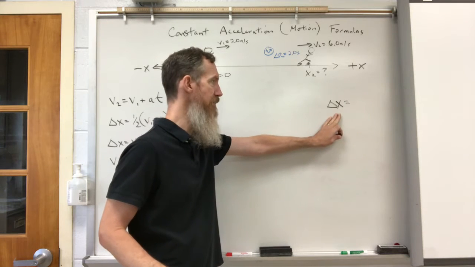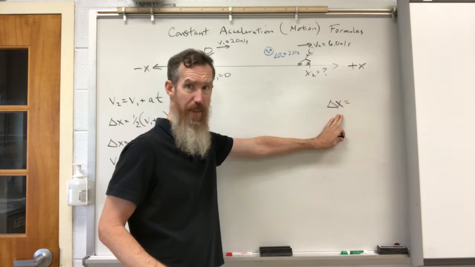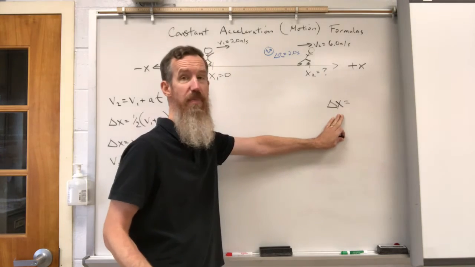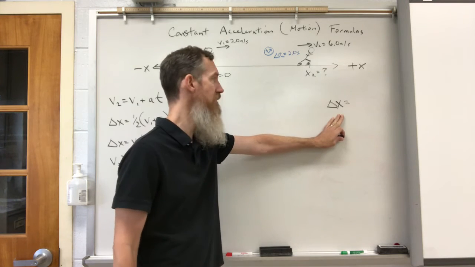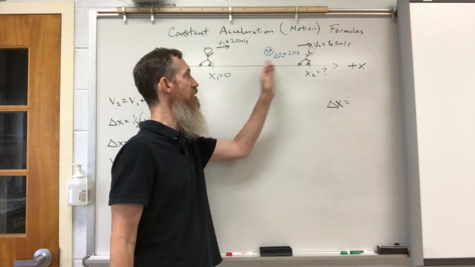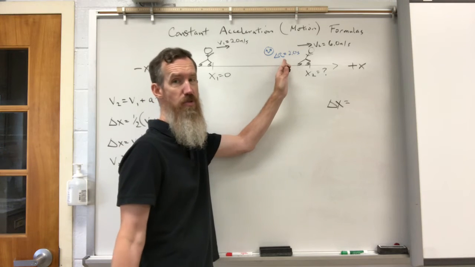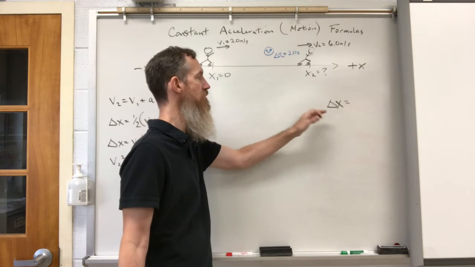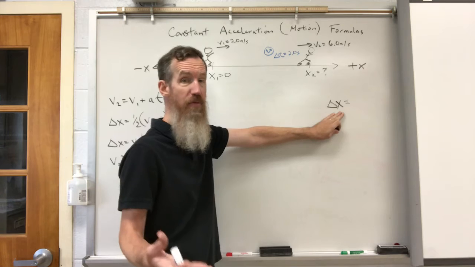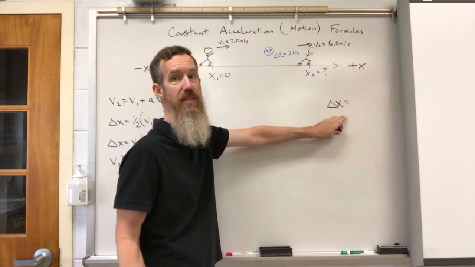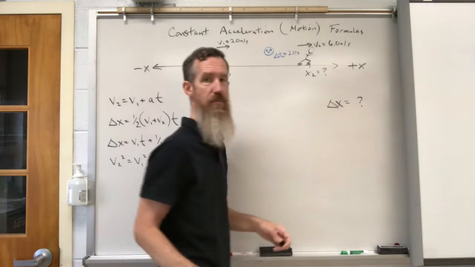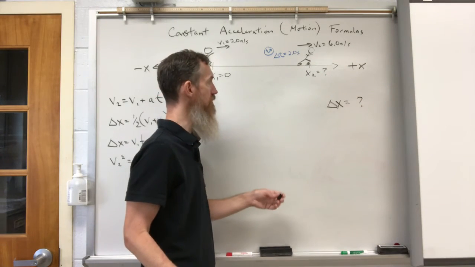I generally just label it delta x, how much displacement happened, because in many examples, the first position is your 0 position, where you're starting, just like your initial time is usually 0 on the stopwatch. So you'll see even on the AP formula sheet, they'll break this down into x2 minus x1. Regardless, in this particular question, that's what we're looking for. How far did this person go?